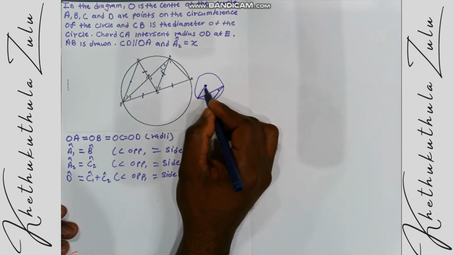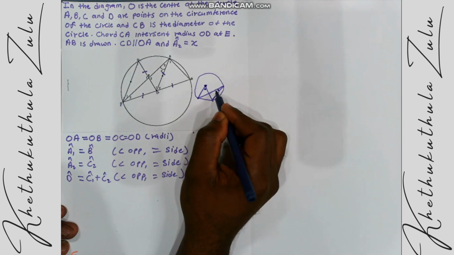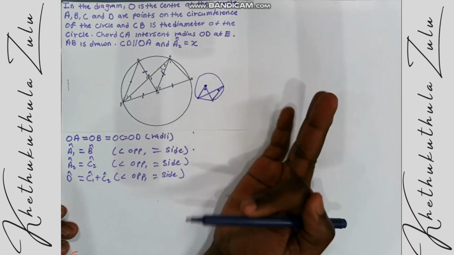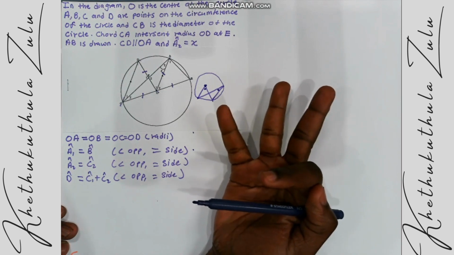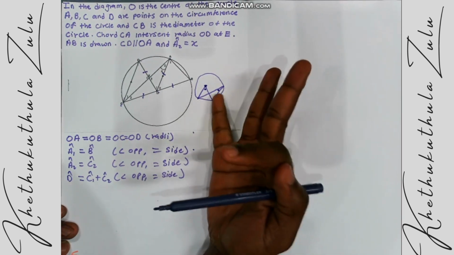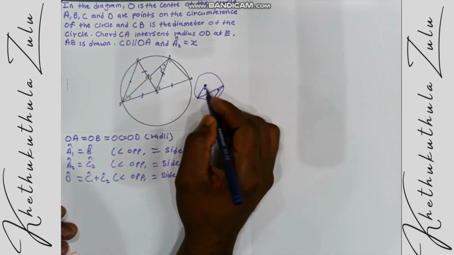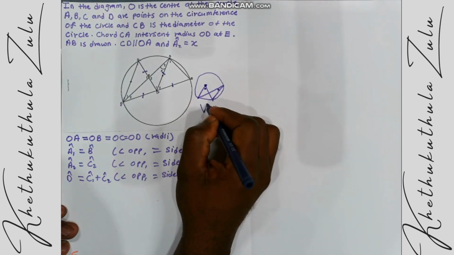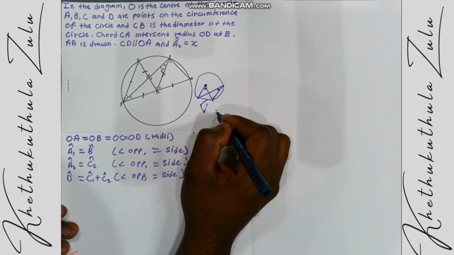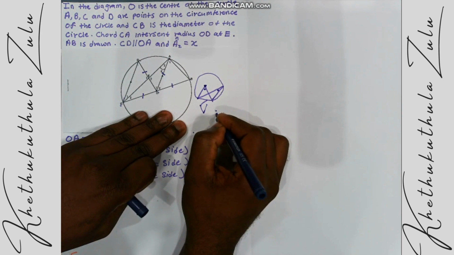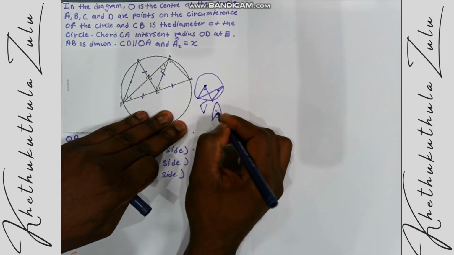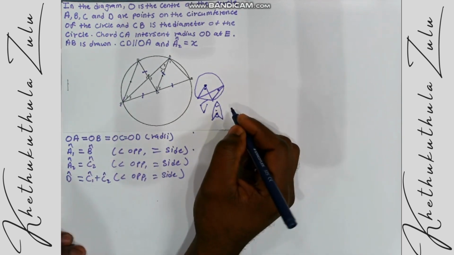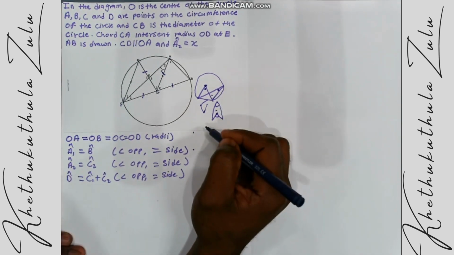Angle at the center is equal to twice the angle at the circumference. Remember, this theorem has 3 diagrams. There is this one that we usually know, there's also this one, and there's also another one.